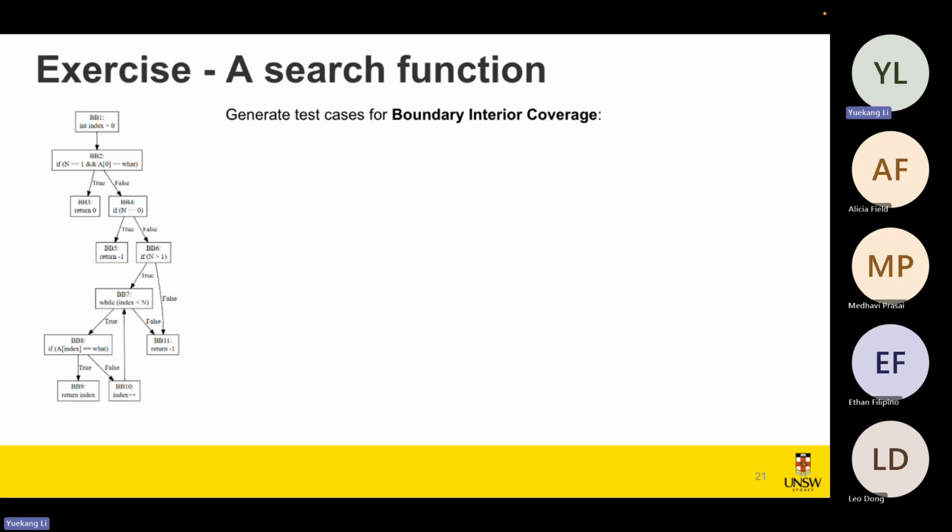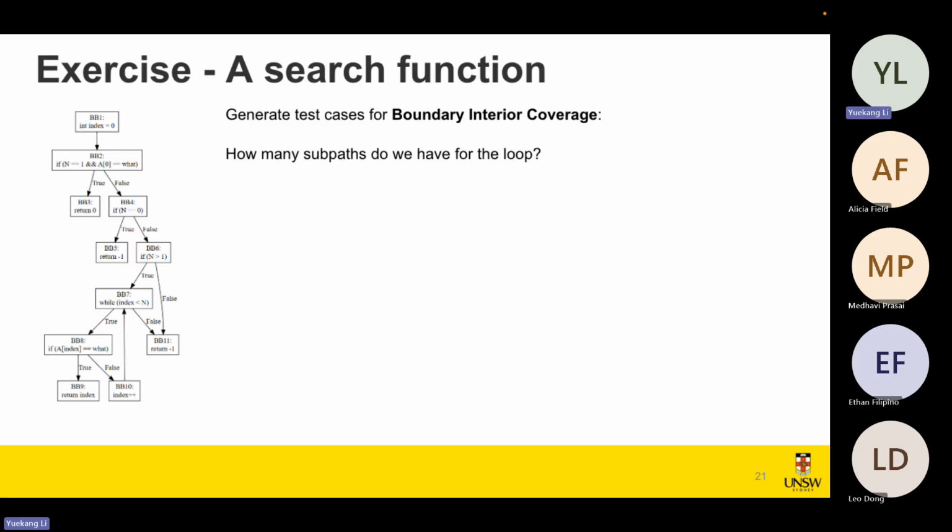And if that character doesn't appear in the string, this function will just return -1, right? So this is the search function here. And it is actually important for us to know the mechanism or the semantic of the target we are testing sometimes, and we will see why it is important later.